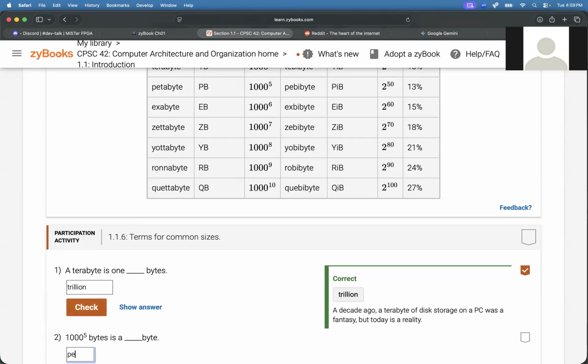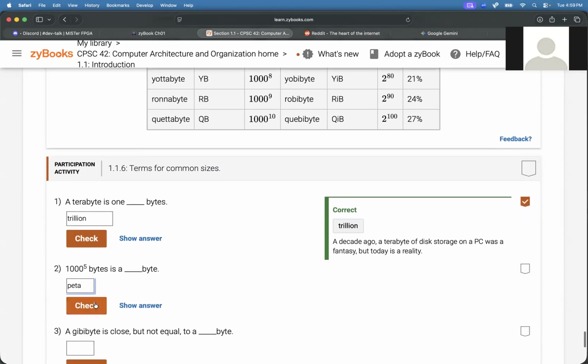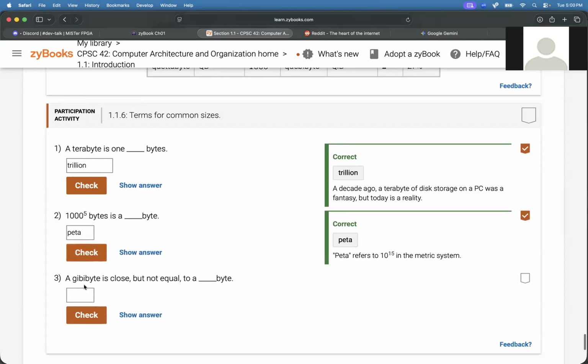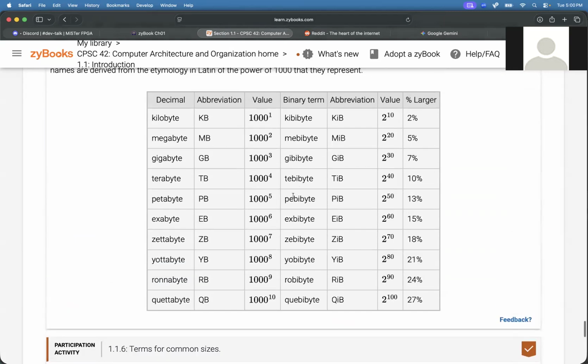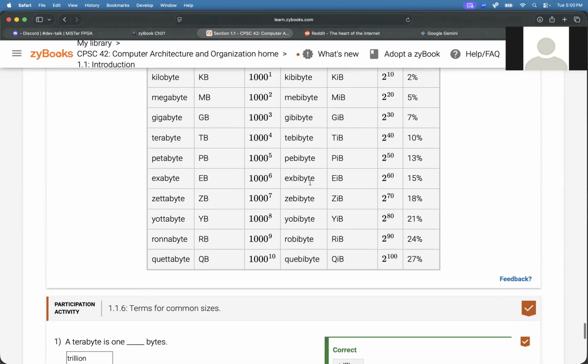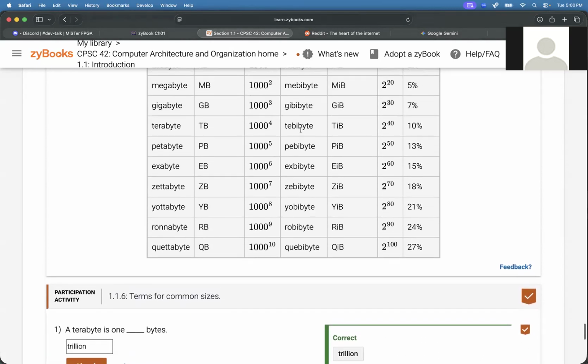A gibibyte, I don't even know, is close but not equal to a gigabyte. So the prefixes mostly have similar names but not identical, right? Like kilo, kibi, mega, mebi, giga, gibi, tera, tebi, etc. Nobody ever says these out loud.